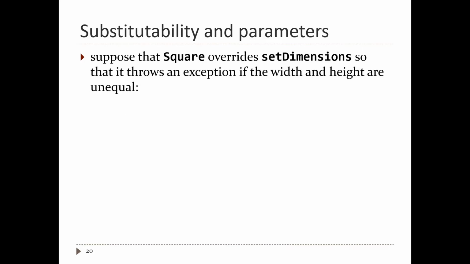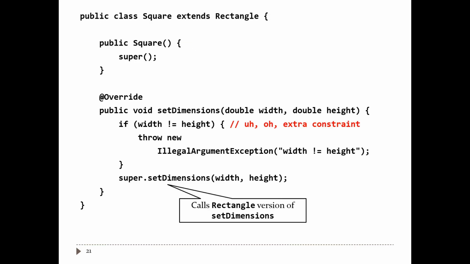Okay, so suppose that square overrides setDimensions so that it throws an exception if the width and height are not equal. Right, so for example, square extends rectangle. Right, the constructor for the square class simply calls the superclass constructor. Right, the implementer then overrides setDimensions, and they place an extra constraint on the width and height.